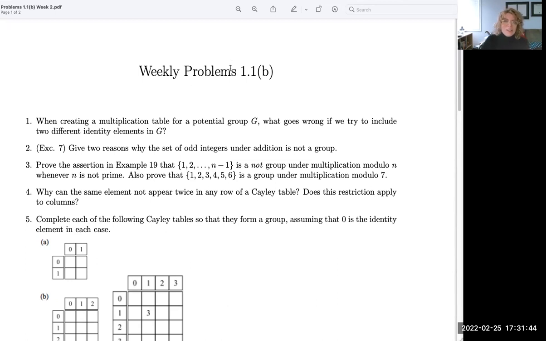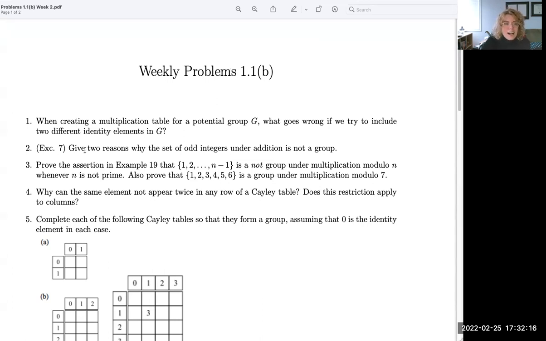What I was expecting here is to actually draw a sketch of a Cayley table, try to include two different identity elements, and show what goes wrong. And then you might get some equations out of that. You will get some words out of that, but be really explicit about what happens. Show the reader what the connection between the Cayley table and anything else you have to say is.